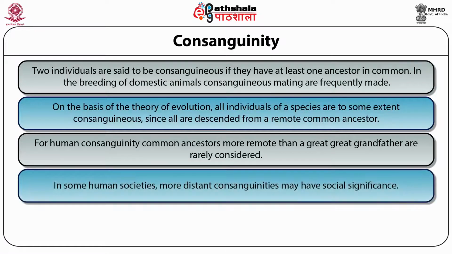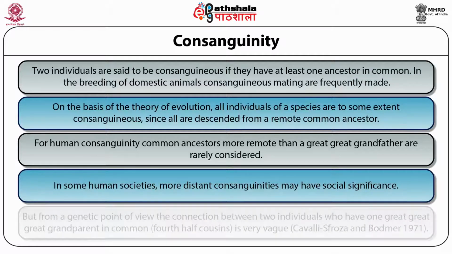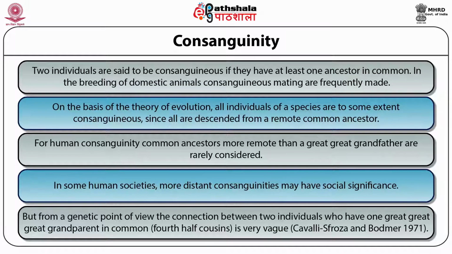In some human societies, more distant consanguinities may have social significance, but from a genetic point of view, the connection between two individuals who have one great grandparent in common, fourth half cousin, is very remote.